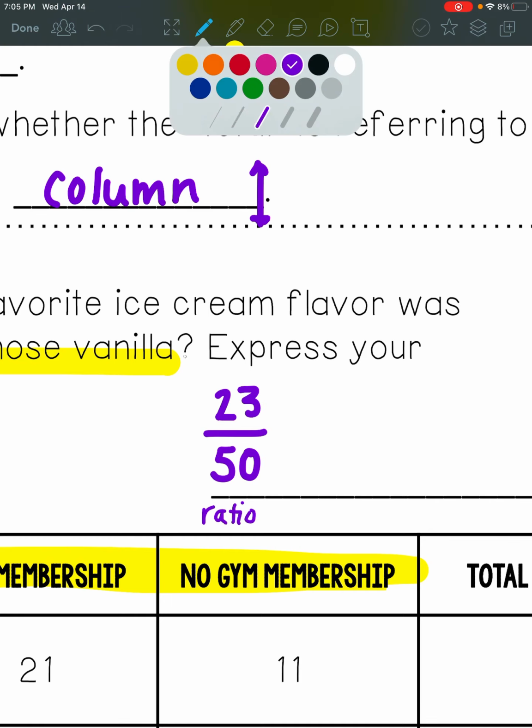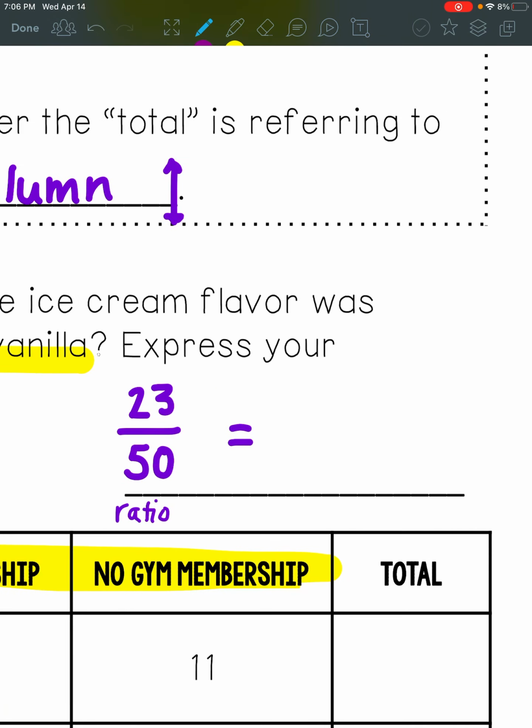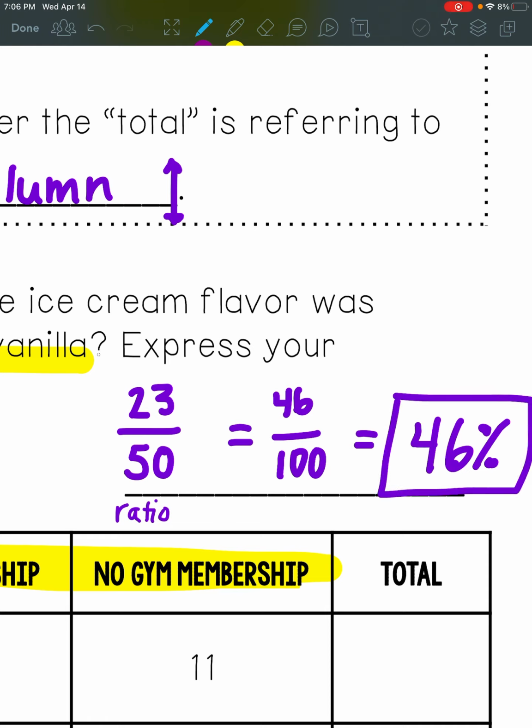Next we want to take that 23 over 50 and express it as a percentage. Honestly, we could change this to get the bottom number to 100. Since we multiplied 50 by 2, we do the same thing to the top and double 23. Then you can see 46 out of 100. This is going to be 46%. So then this would be our percentage.